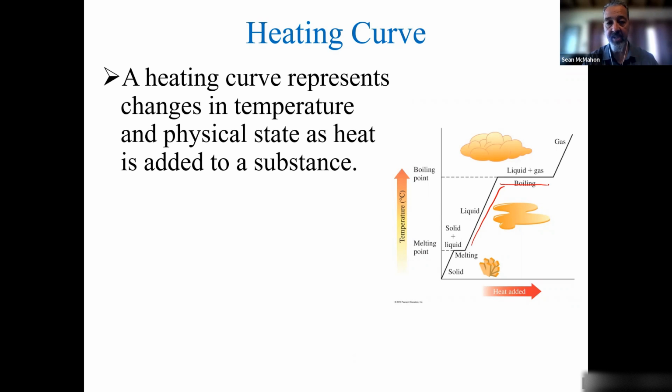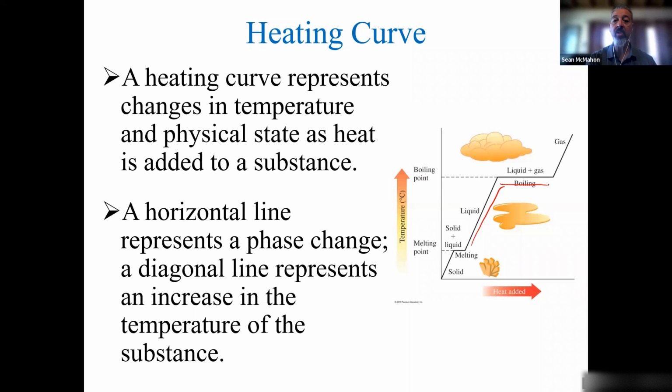So on the heating curve, the horizontal lines represent a phase change and the diagonals show an increase in temperature, okay? So the melting point of water is 0 degrees Celsius. The boiling point is 100 degrees Celsius.